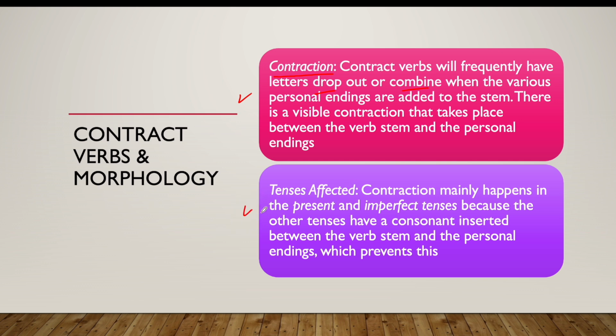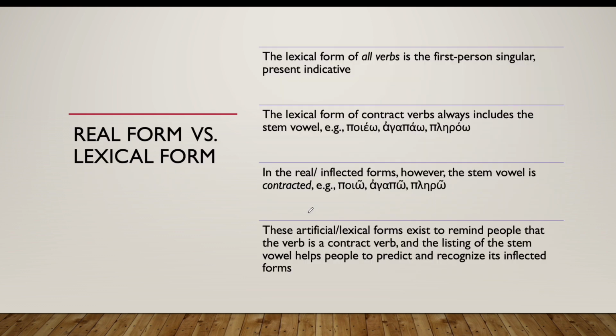But the good news is the primary tenses affected are the present and the imperfect. In the other verb tenses we're going to learn, there's usually a letter that appears between the verb stem and the ending that acts as a kind of buffer zone for these contract verbs. So we don't have to worry too much about them after these initial two verb tenses.